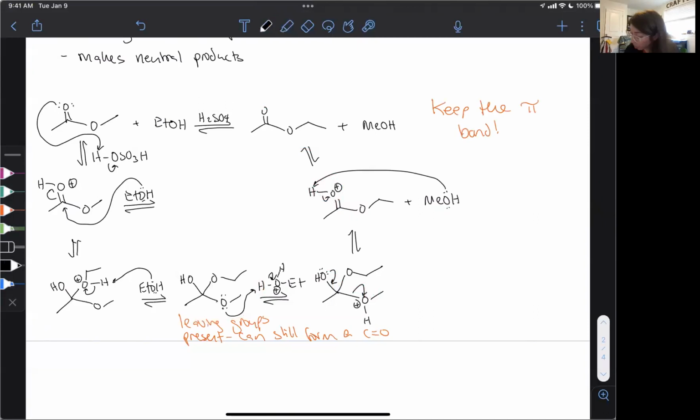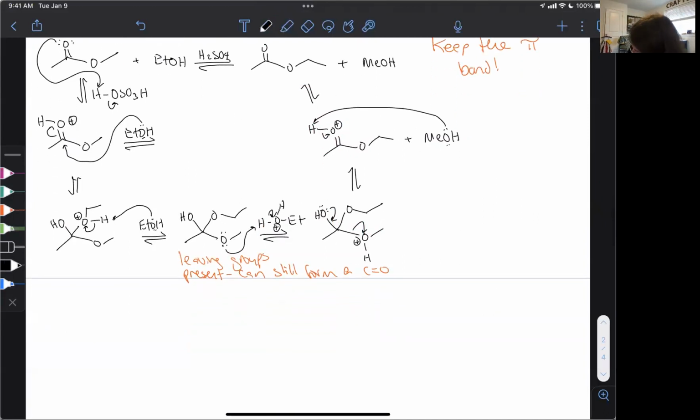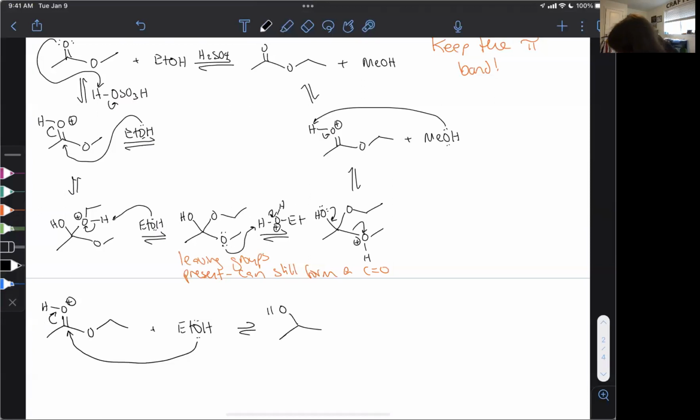A lot of you have been wondering, what if I have this and then I have another equivalent of ethanol come in to do this kind of process? So if I get here, I can just do a little proton transfer.